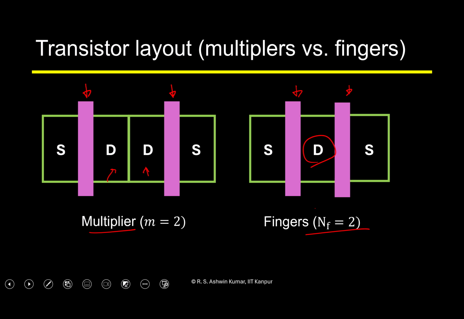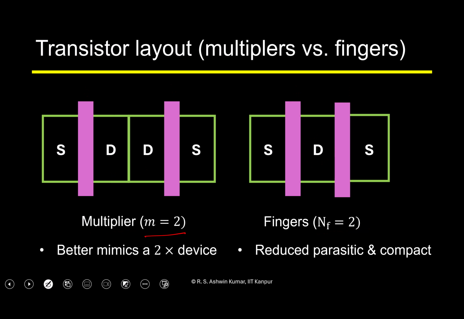And in practice, a multiplier better mimics an exactly 2x multiplied device. But if you share junctions using fingers, since the number of junctions is reducing, the parasitic capacitance associated with each junction will also reduce. So this is more compact and has lesser parasitics. And in practice, we use a combination of both multiplier and finger to realize a given particular width.